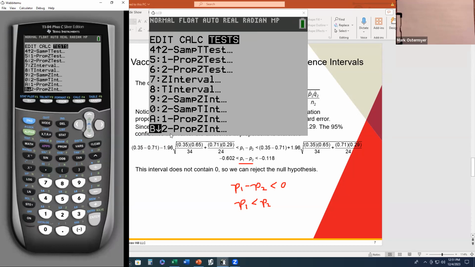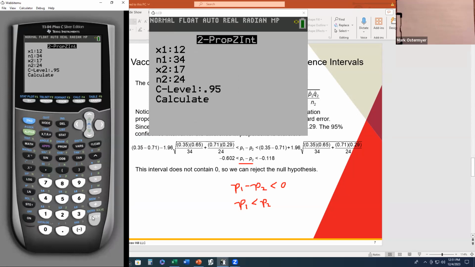There it is, ladies and gentlemen, the 2-proportion Z interval function for constructing a confidence interval. Hit enter. Notice since I already conducted the two-tailed test, everything has been transported automatically into this confidence interval function here. 95%, go down to calculate.